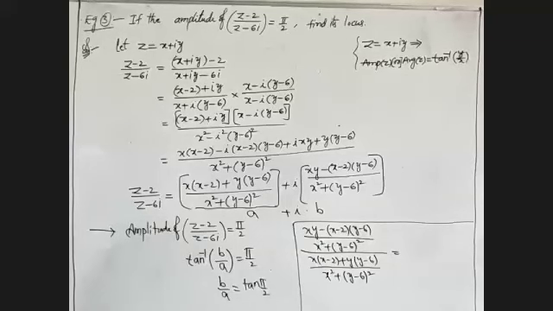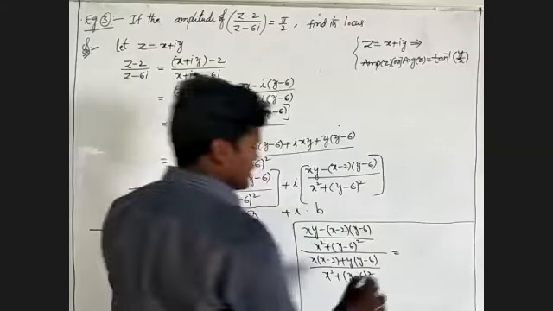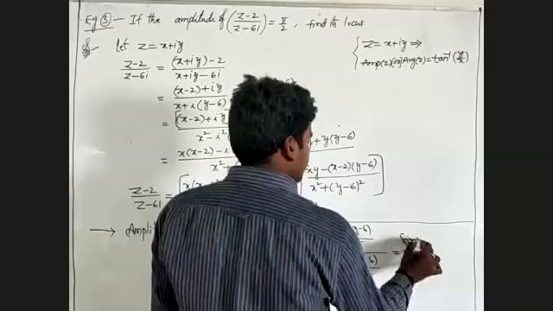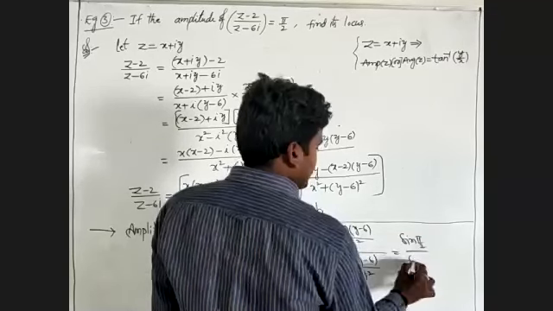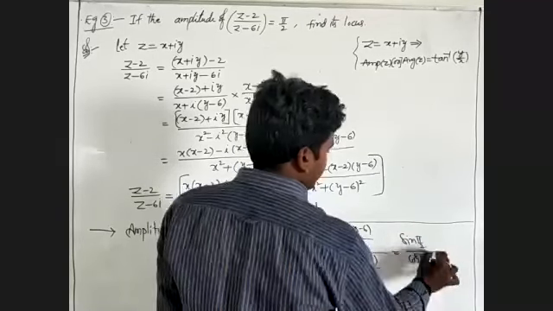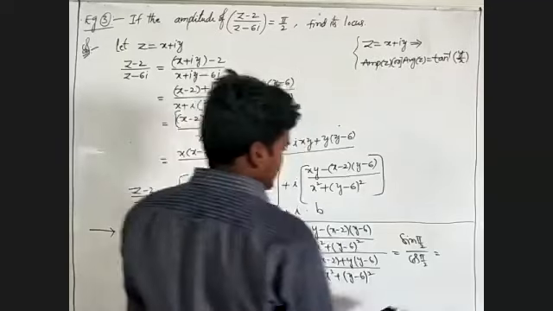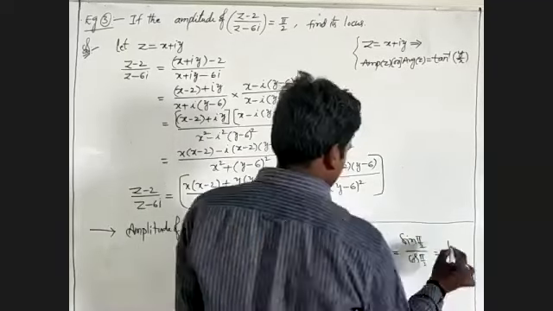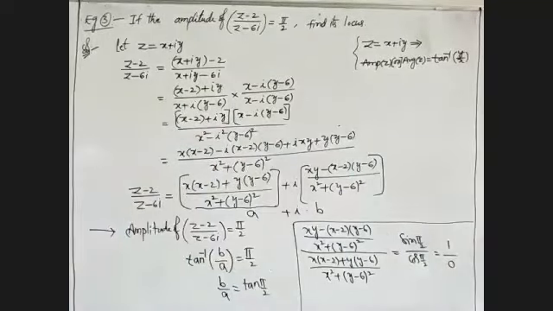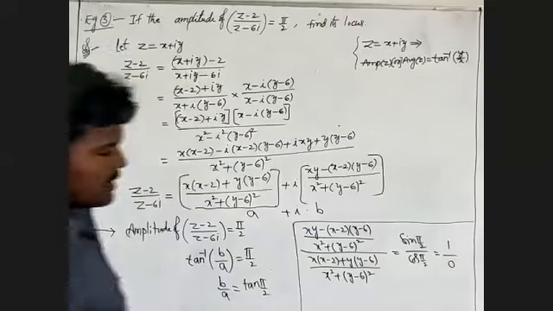That is sin pi by 2 by cos pi by 2. Sin pi by 2 is 1, and cos pi by 2 becomes 0.